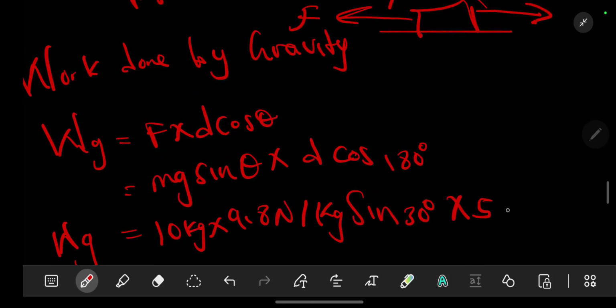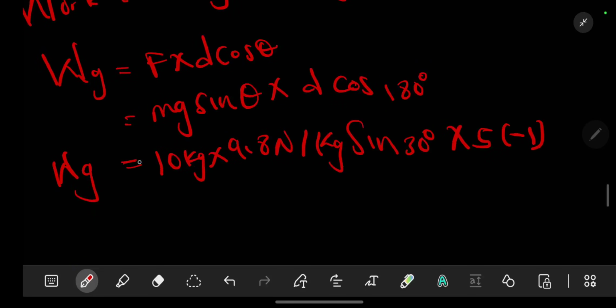Cosine of 180 is -1. So just as I said, if you know that principle, that as long as it is going up, the work done by gravity will be negative, because gravity pulls things down. So the work done by gravity will be equal to 10 by 9.8 by the sine of 30, then we have times our 5.